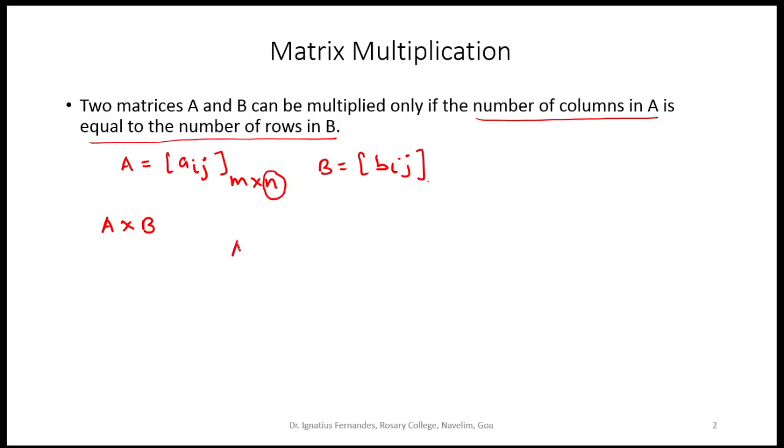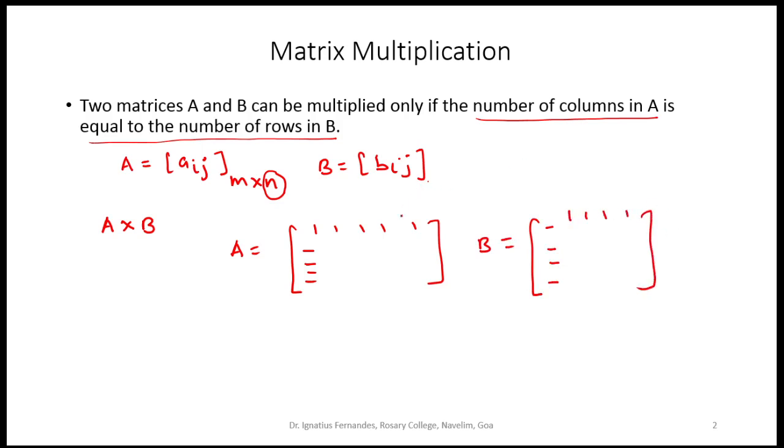That means suppose I have a matrix A which has a certain number of columns and a certain number of rows, and a matrix B with a certain number of rows and a certain number of columns.